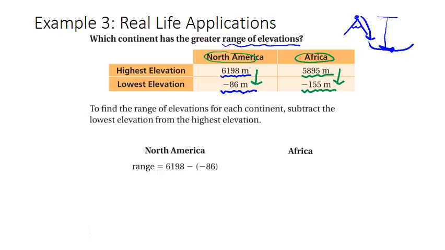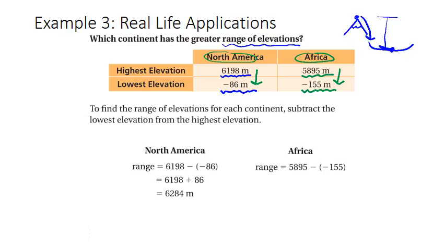That's going to give us our range in North America. So as we look at 6,198 and we're minusing 86, we can think of it as adding a positive. So we can say 6,198 plus that 86 meters, and that's going to take us up to 6,284 meters. Then in Africa, we're going to do the same thing.